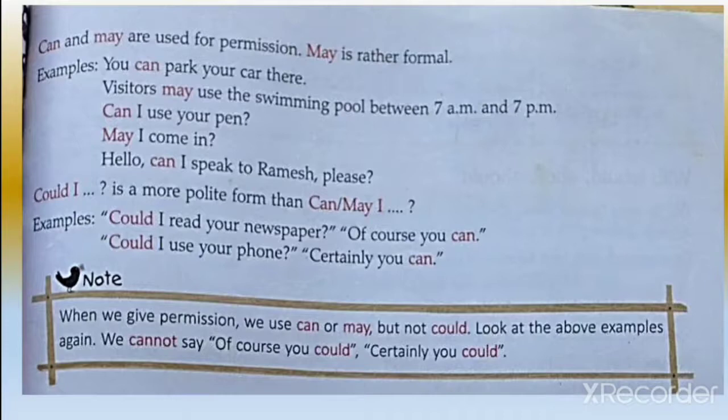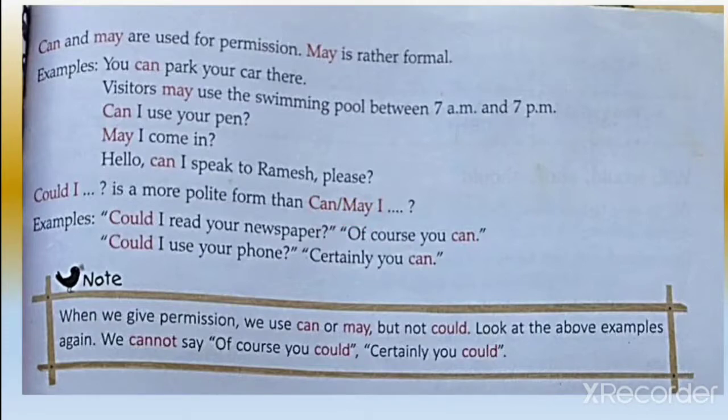Now look here. Could I is a more polite form than can I, may I. Earlier we saw that may is more polite, more formal than can. Now here we see that could is more polite than can and may I.